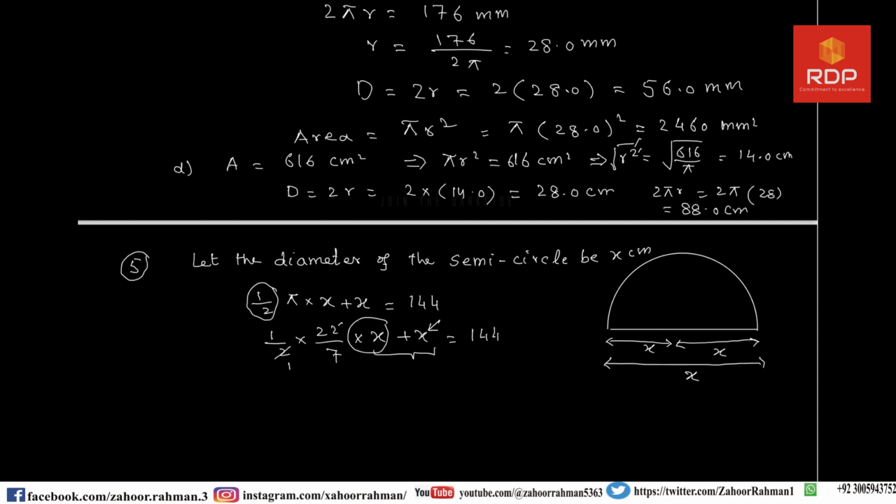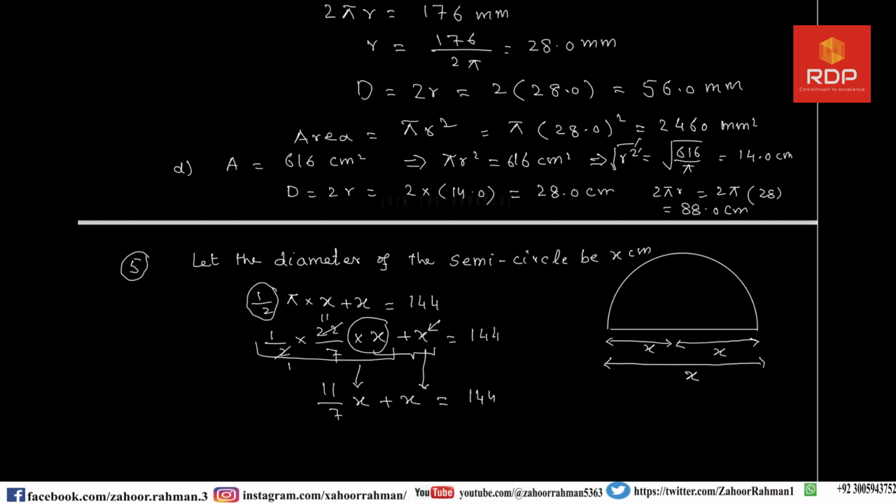So 2 ones are 2, 2 11s are 22. So we are writing 11 divided by 7x plus x is equal to 144.